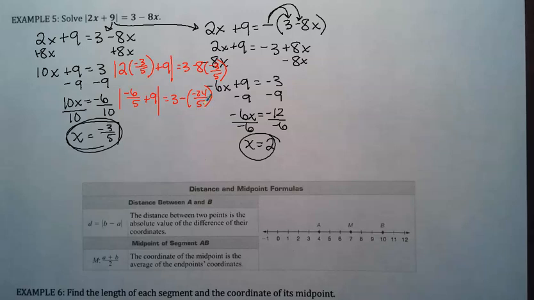That's okay too. I'm going to skip a little bit here, because if we multiplied the 9 by 5, we would get 45.